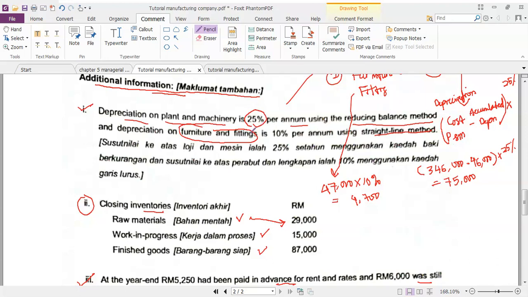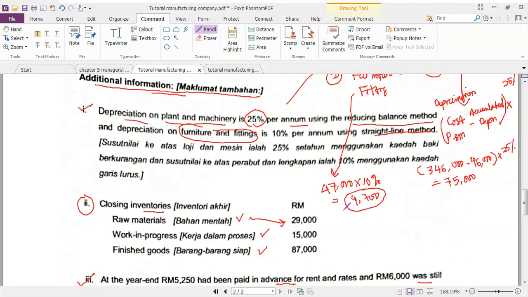Okay, furniture and fitting. We should put the depreciation on furniture and fitting inside the factory cost or not? Furniture and fitting, we use usually at the office or admin office, right?